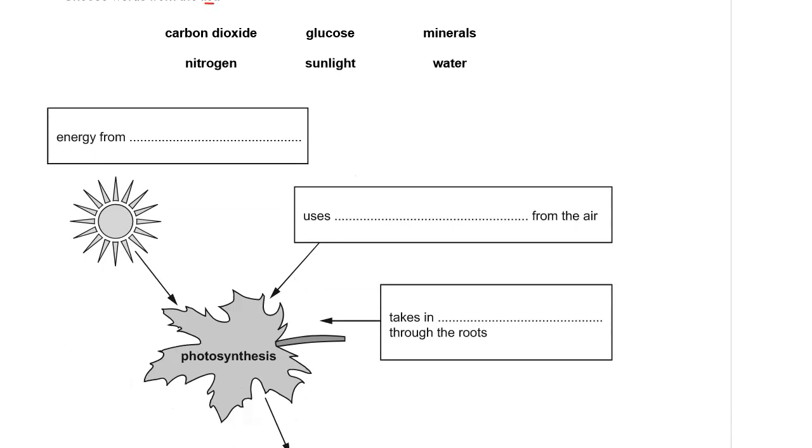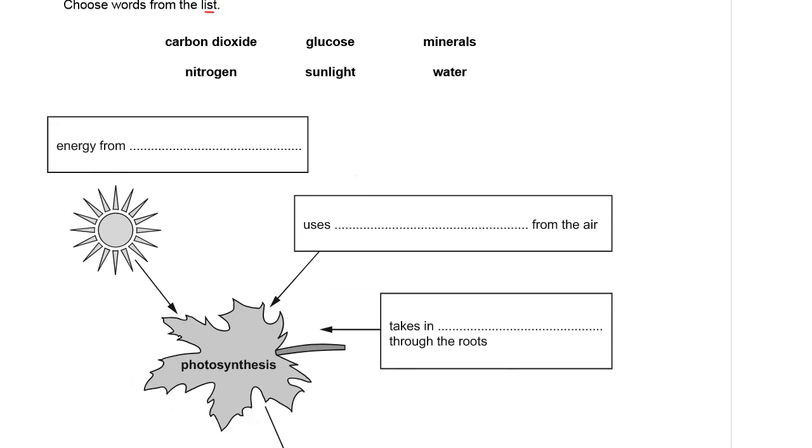In the diagram, you get energy for photosynthesis. We get the energy from the sun. So we get the sunlight there. Without sunlight, photosynthesis is not possible.